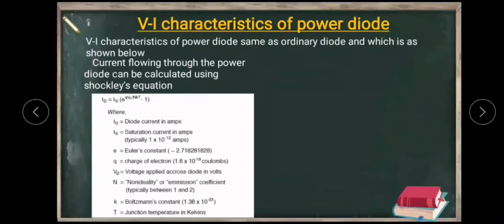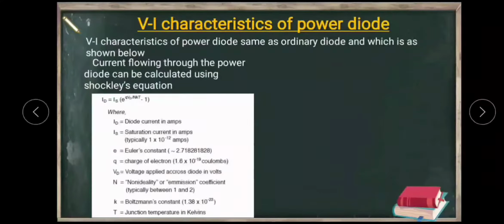IS is the reverse saturation current. E is a constant, 2.718. Q is the charge of an electron, 1.6 into 10 to the power of minus 19 coulomb. Vd is the voltage applied across the diode.